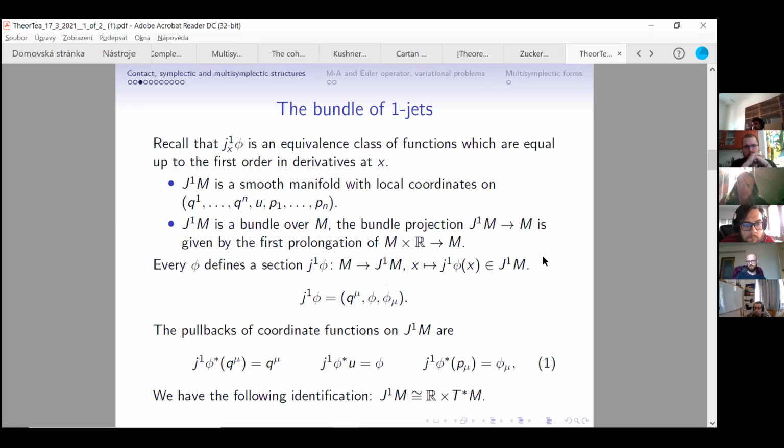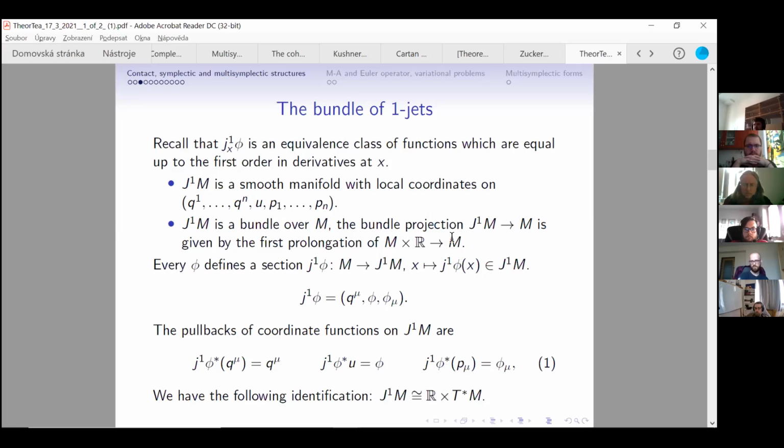So let us recall some basic facts about the bundle of one-jets. J1M is not only a smooth manifold which has these type of coordinates Q, U, P, but is also a bundle over M. And as I mentioned, the bundle projection J1M to M is given by the first prolongation of the projection from M times R to M. So this is the trivial line bundle.